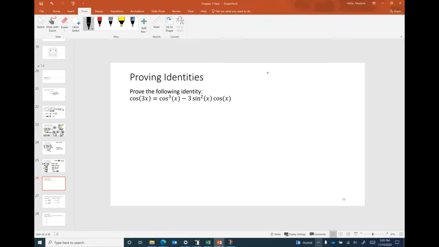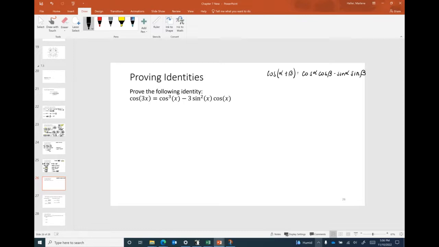Recall from the 7.2 lesson that the cosine of alpha plus beta is equal to the cosine of alpha times the cosine of beta minus the sine of alpha times the sine of beta.